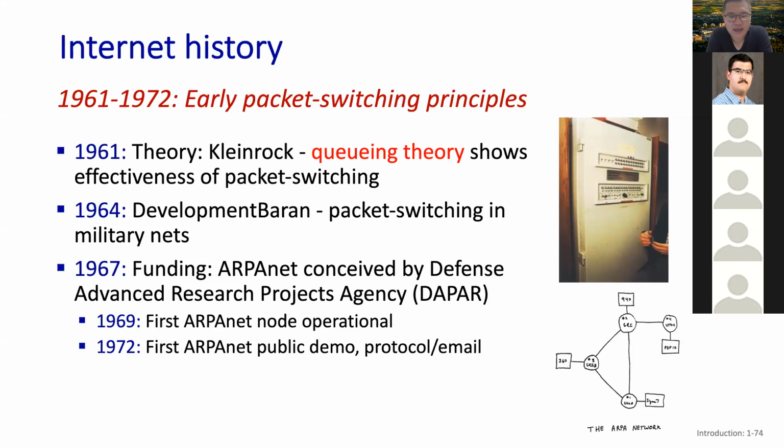The first ARPANET node operation was a test between UCLA and Stanford. At the beginning, ARPANET only had 4 nodes, but later it grew to more than 300 nodes.